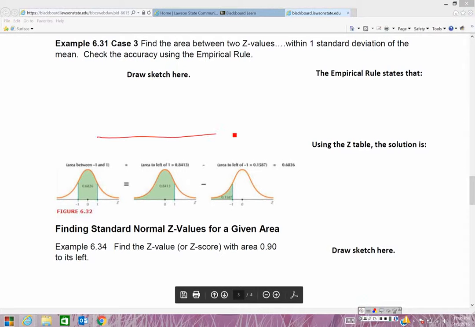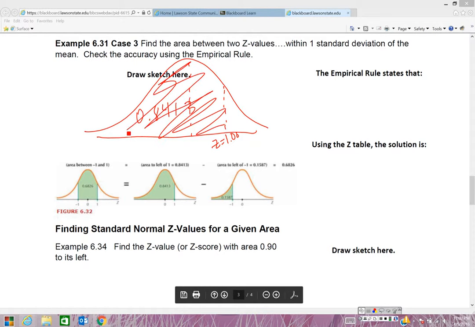So let's recap. The area to the left of z equals 1 or 1.00 is 0.8413. So all of this is 0.8413. However, I only want to know the area between z equals -1.00 and 1.00.